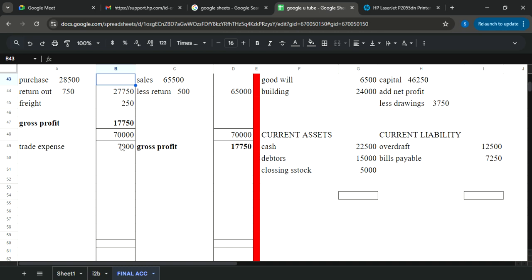So the first step has already been completed. Now see the larger sum. Credit side 17, debit side 7. So the larger sum is 17,750, and you are going to write the larger sum on the total of both sides. Then you will choose the smaller side, which is this debit side, showing that your income was 17 while expense was only 7.